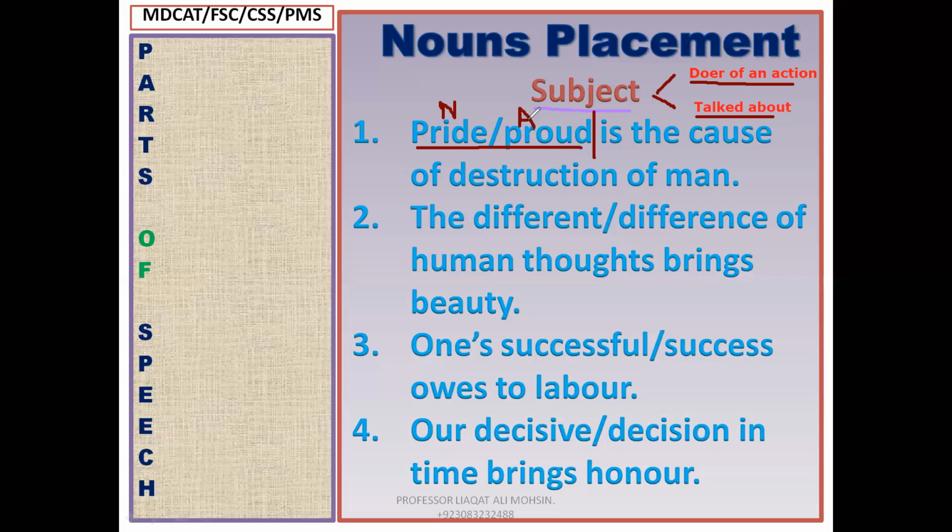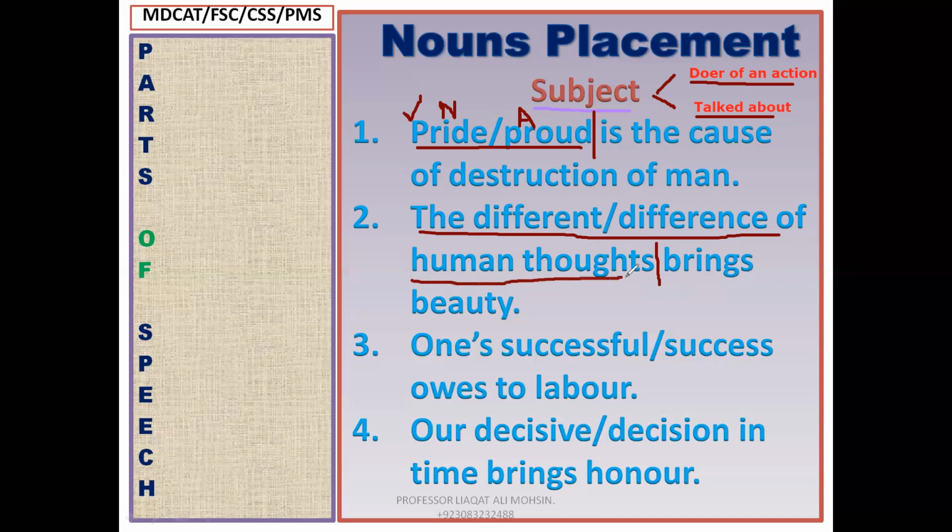Definitely our choice will be the noun: the pride is the cause of destruction of man. Now again, what is the boundary, the limit of the subject? Brings beauty, this is the demarcation of the subject and predicate. Now, the question arises, this is the whole phrase.